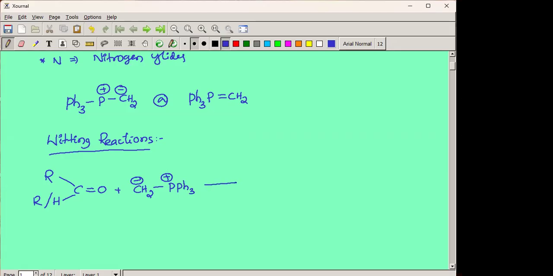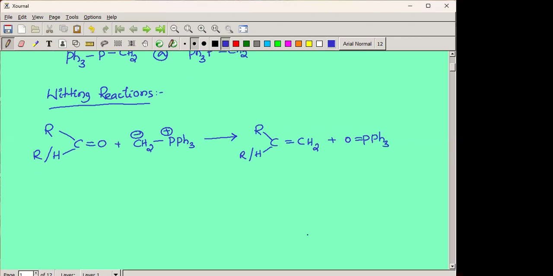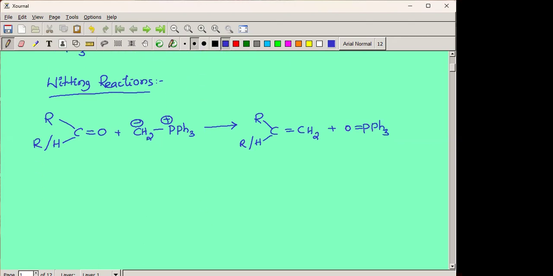By that, carbonyl compounds are converted into olefins, and triphenyl phosphine oxide is formed. So this is the Wittig reaction where we use this ylide as an intermediate.